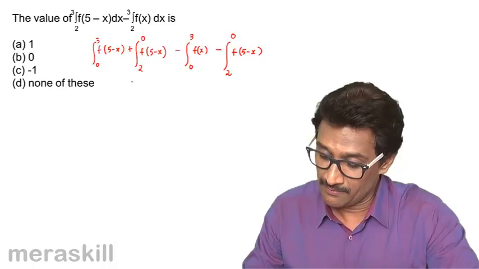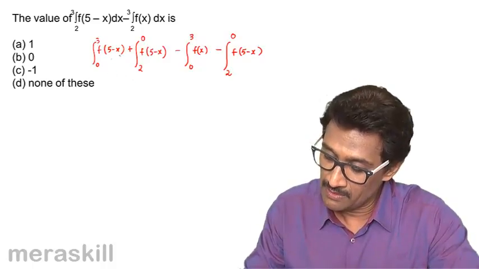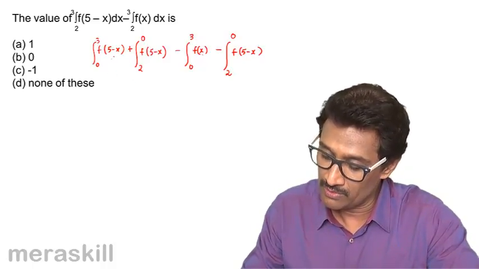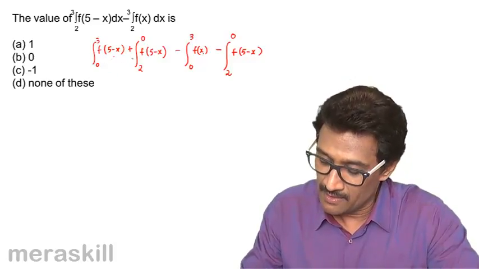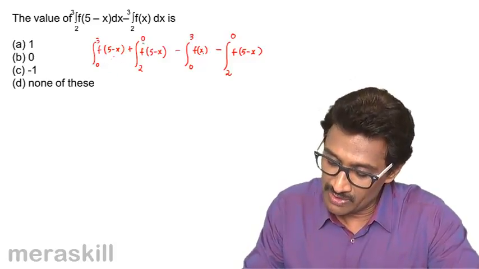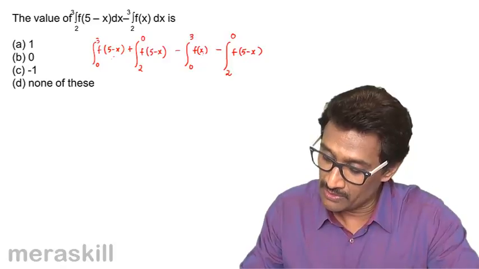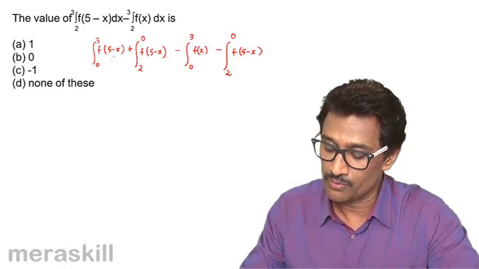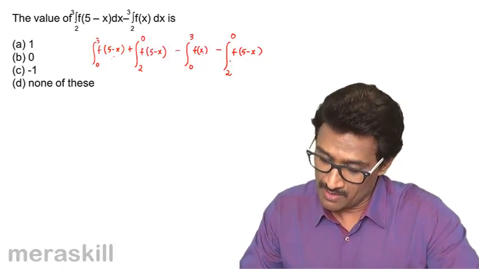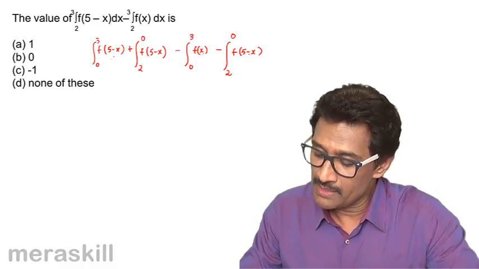This again, if you see this one and this one, these two are equal and hence they get cancelled. And in fact, this can be written as minus of 2 to 0. This can also be written as minus of 2 to 0. Hence, terms are bound to be cancelled.